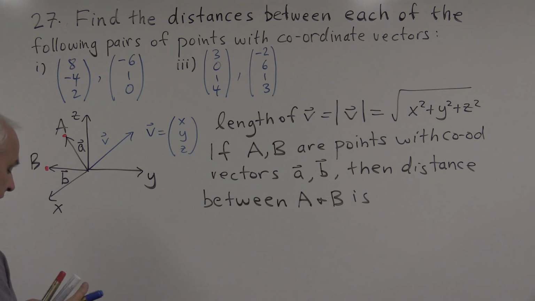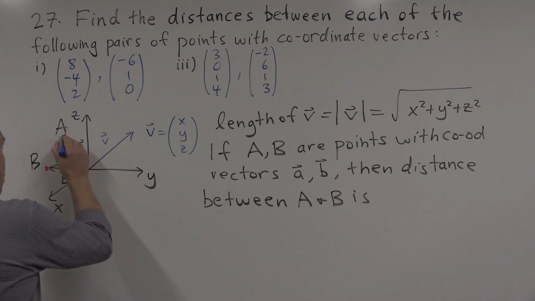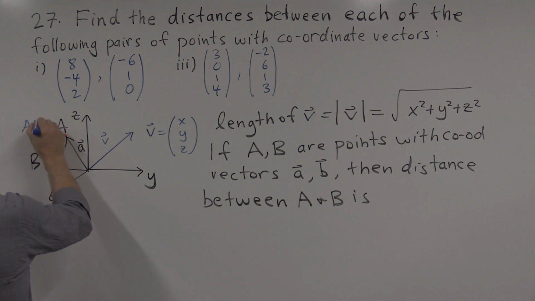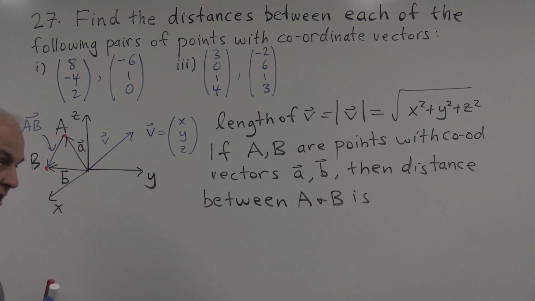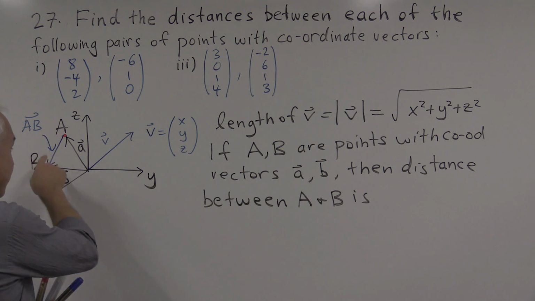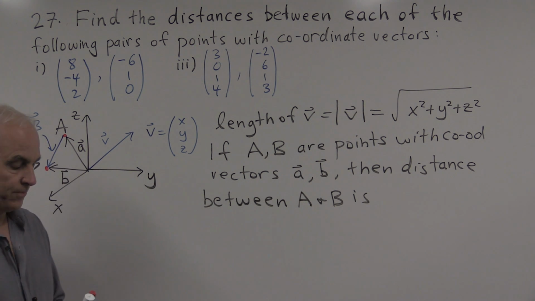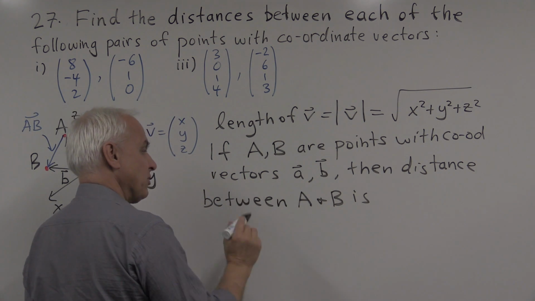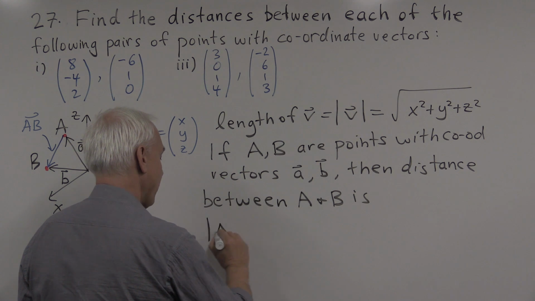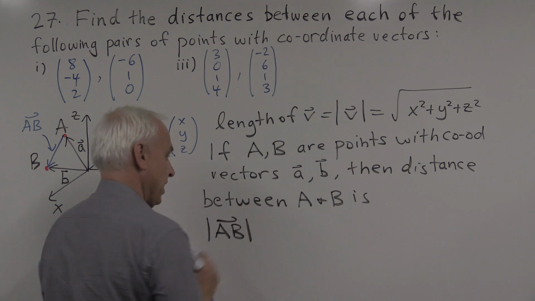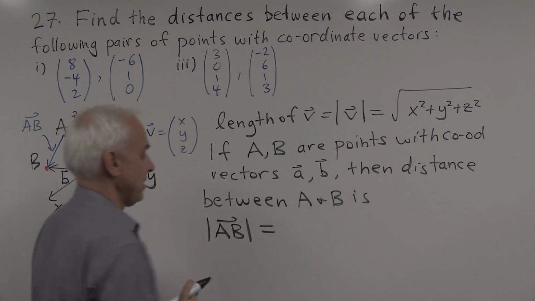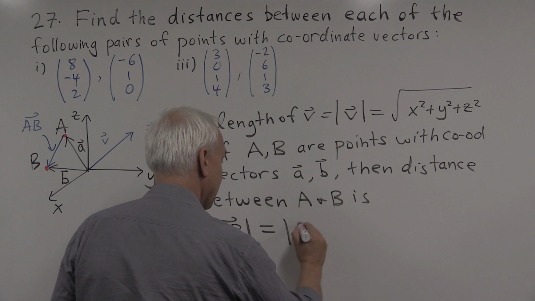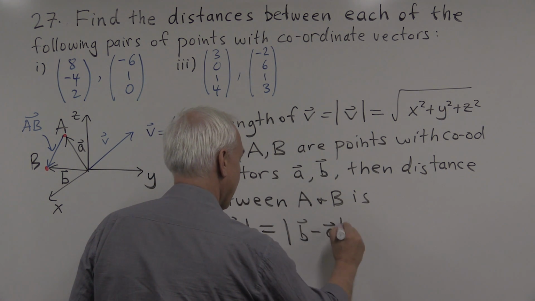Then the distance between them is defined in terms of the vector that joins them. The vector AB going from A to B, its length is the distance between A and B. So in terms of a formula, the distance between A and B is the length of AB, which is the length of the difference between the vector b and the vector a.